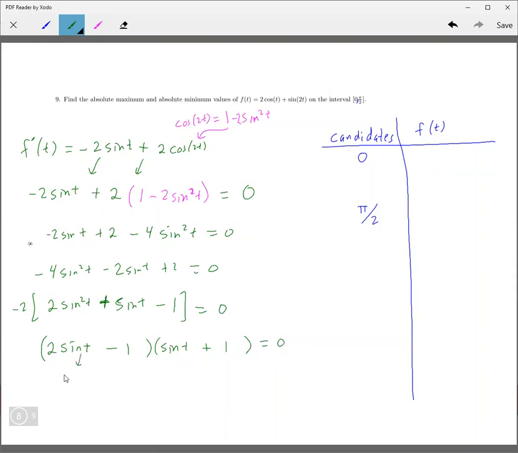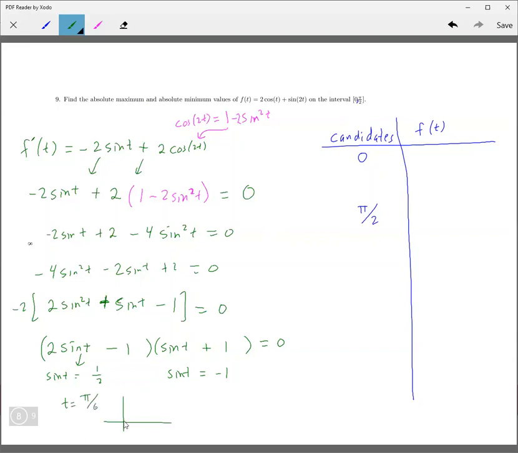So this gives me sine t equals 1/2. And this gives me sine t equals negative 1. Okay, in this interval from 0 to pi over 2, this is going to happen when t is pi over 6.